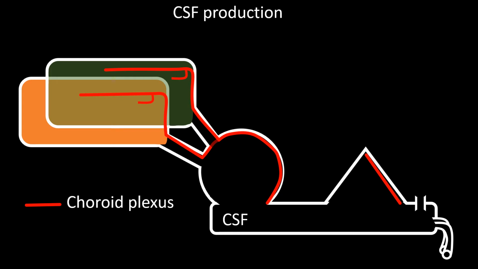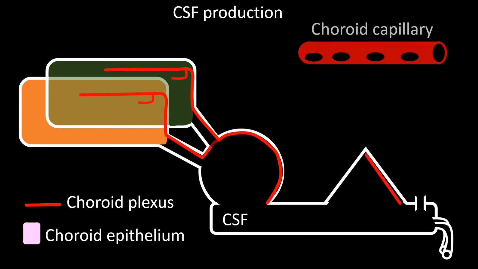I will use this diagram we have drawn before to explain CSF production. Key to CSF production is the choroid plexus epithelial cell. The choroid plexus capillary, unlike other capillaries in the CNS, has holes which allow leakage of plasma.